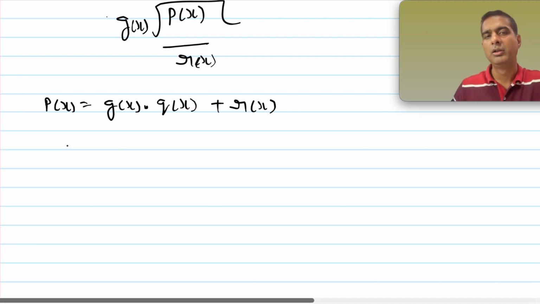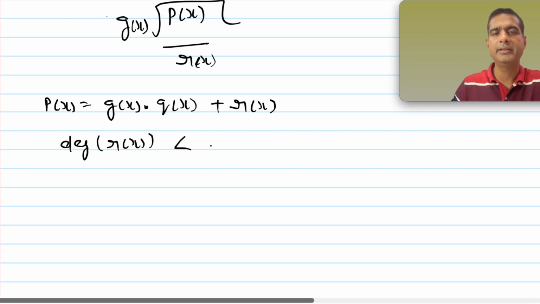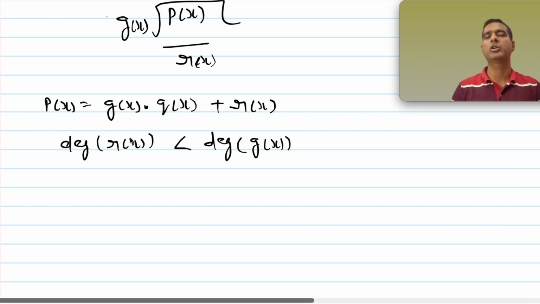So here we will assume that the degree of r of x should be less than the degree of g of x. What is g of x? g of x is the divisor. So the degree of the remainder should always be less than the degree of the divisor polynomial, and the remaining theorem remains the same: dividend is equal to divisor into quotient plus remainder.